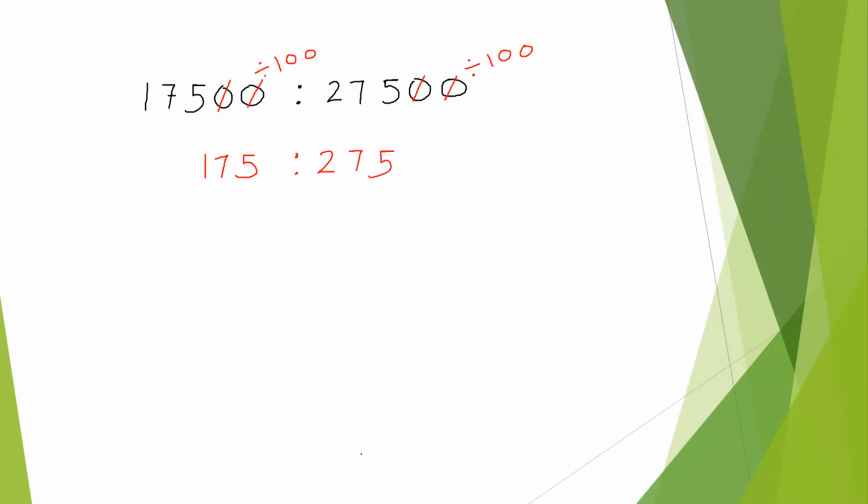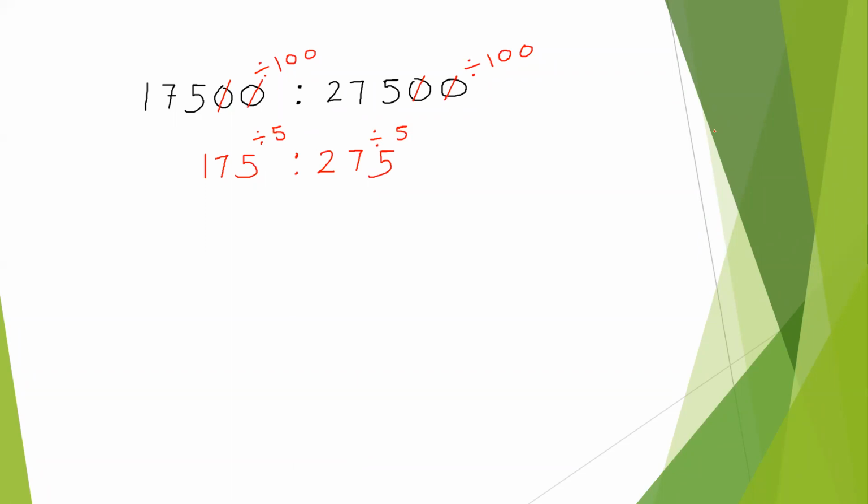Now with this one, me personally, I would divide by 5, or I suggest that you divide by 5 because 5 is an easy number to work with, unless you want to work with a number like 25. If you're that good, you could do it.